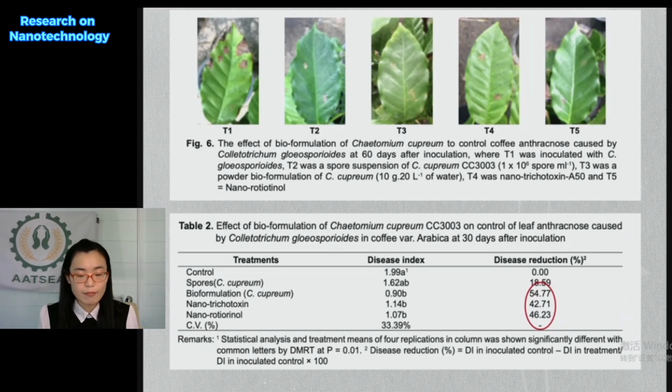And then the effect of bioformulation of Chaetomium cupreum on control of leaf anthracnose caused by Colletotrichum gloeosporioides in coffee variety Arabica in Laos, as shown in the field test. The nano-detoxin and nano-lutulino also give higher disease reduction, as high as 54% and 46%.